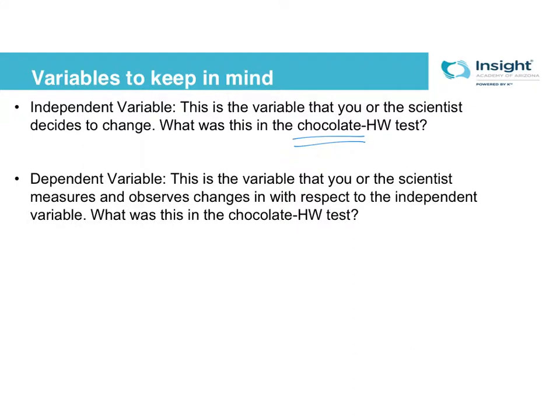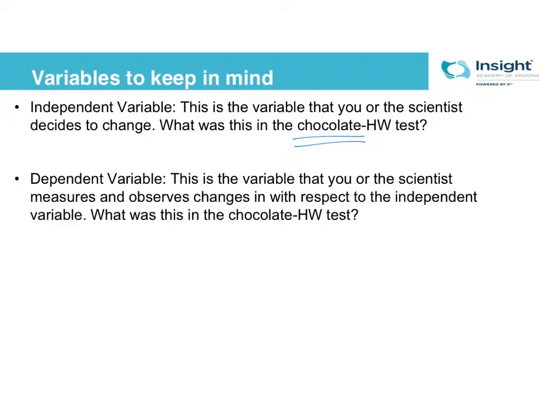Dependent variable, on the other hand, is the variable that you are going to measure or observe and see if the change that you made in the independent variable causes a change in this dependent variable. All right? So again, this is something that typically in an experiment, you're going to either observe throughout the experiment or observe at the end of the experiment. All right?